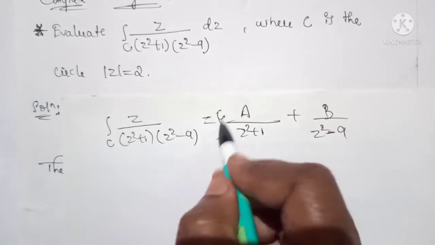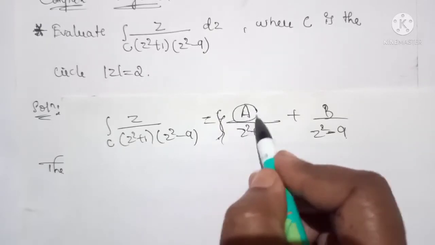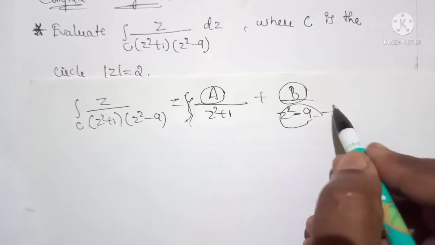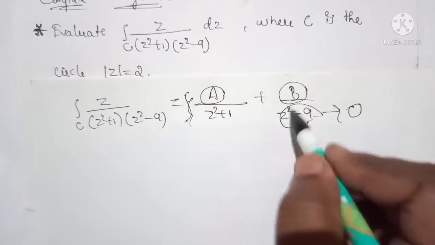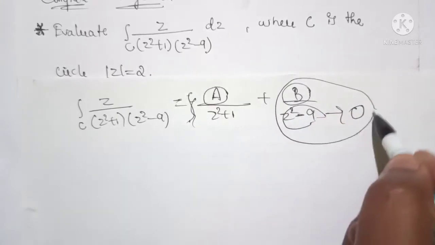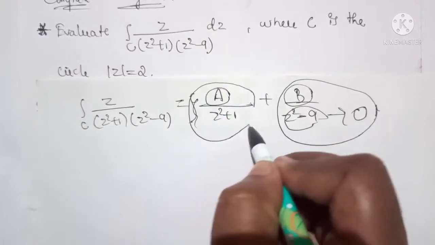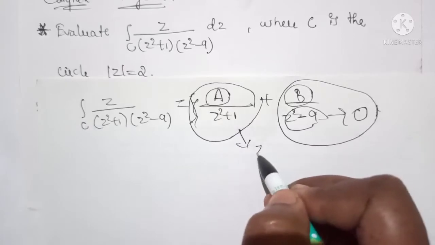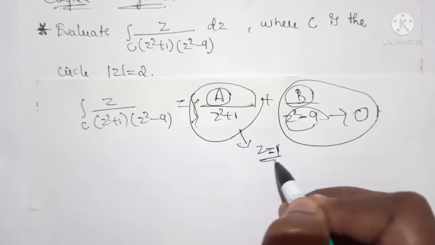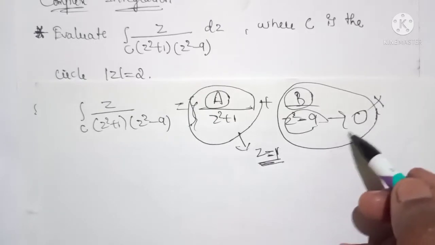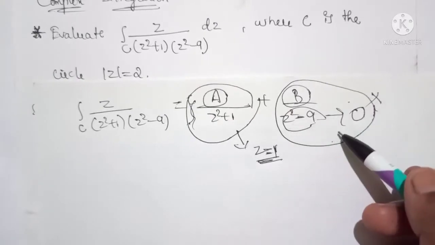Okay, on resolving into partial fractions we will get the a and b values, but at this point the given integral is totally 0. So this total becomes 0. Therefore we apply Cauchy's integral formula only for the points inside, and we totally neglect this integral at this point.